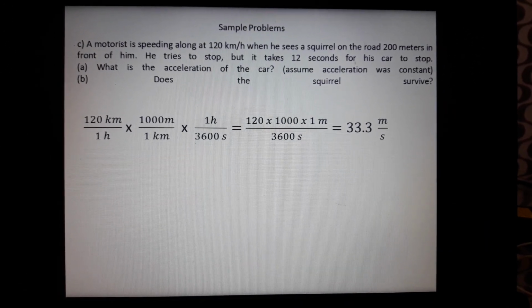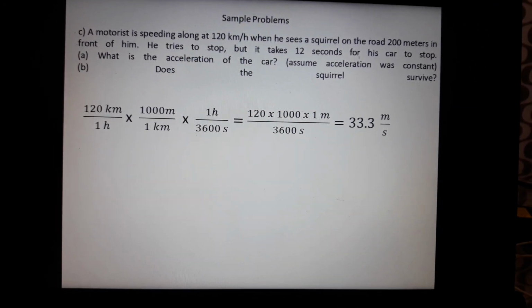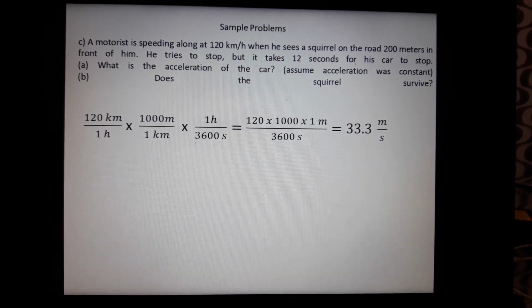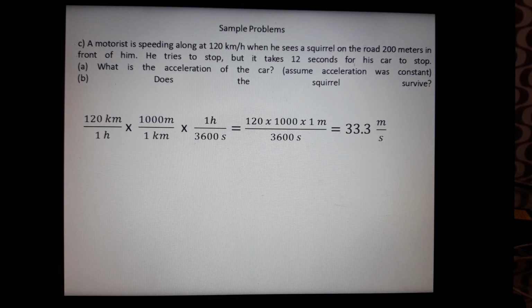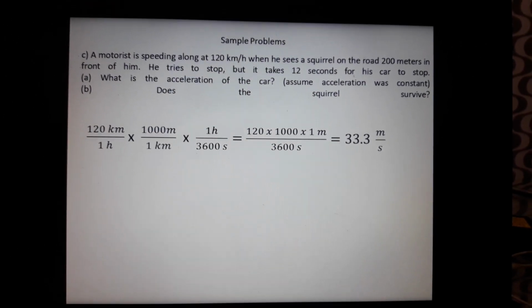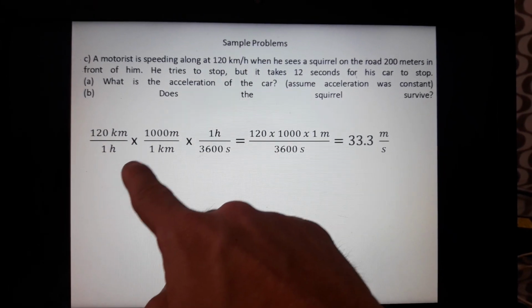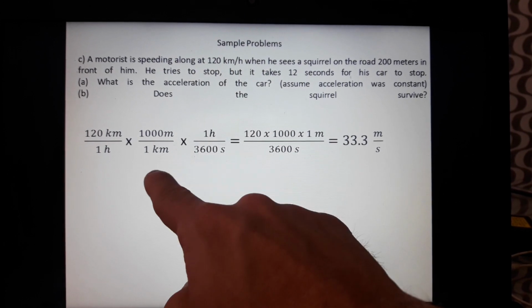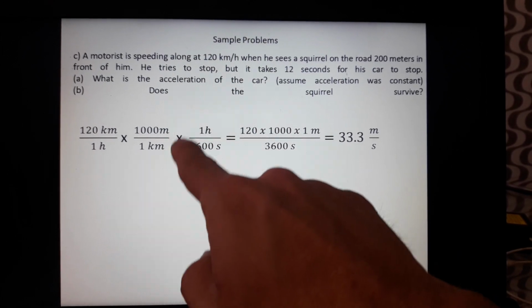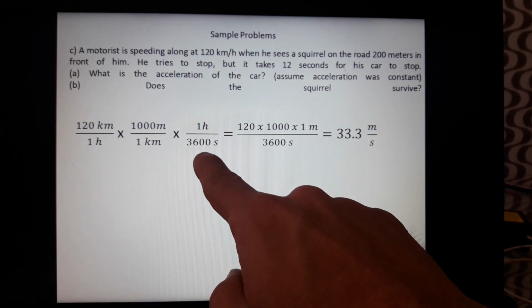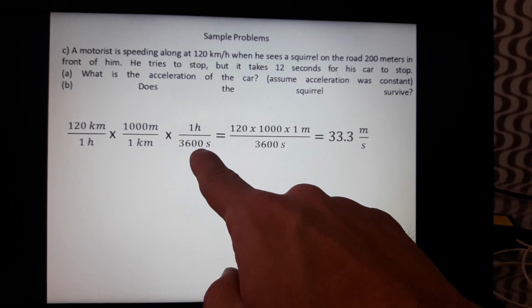So we need to change kilometers per hour to meters per second. We have a video about this method, called chain link conversion. We need to multiply by 1,000 meters divided by 1 kilometer, multiplied by 1 hour divided by 3,600 seconds.